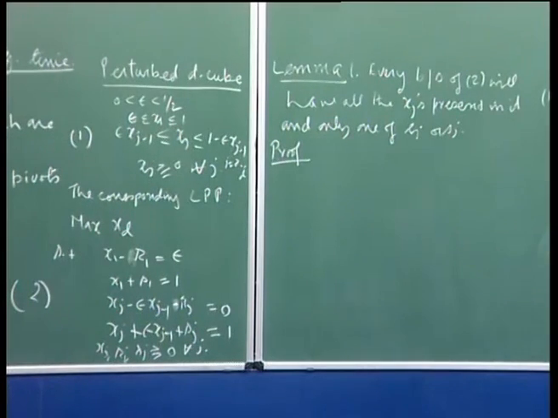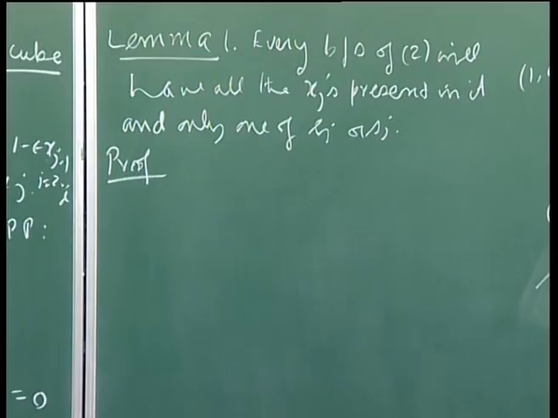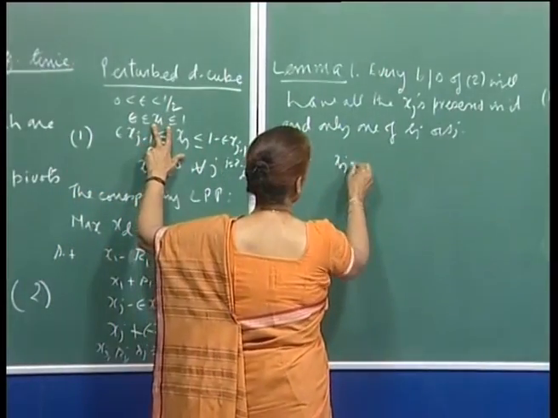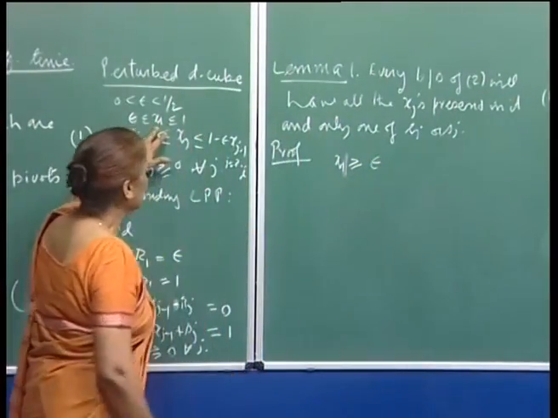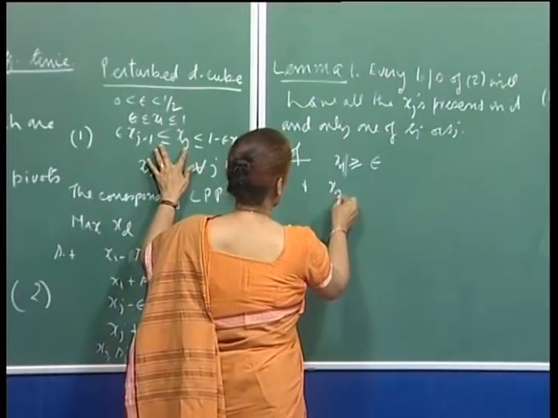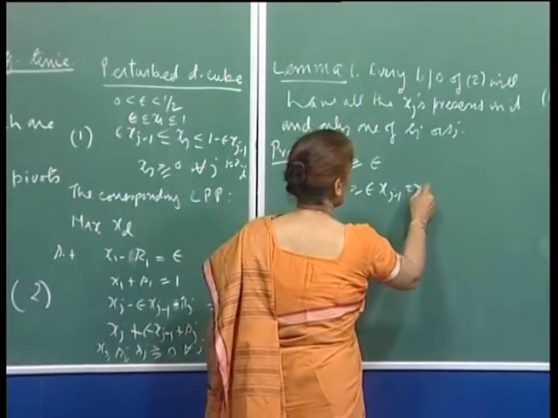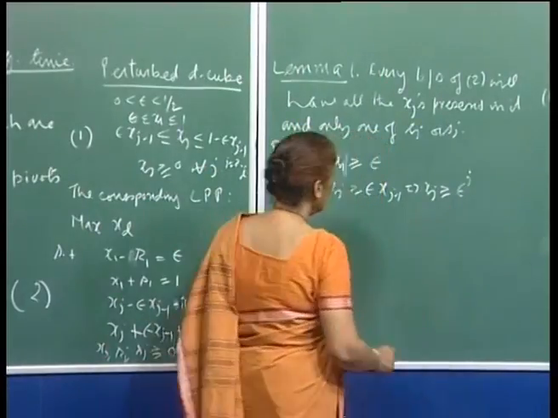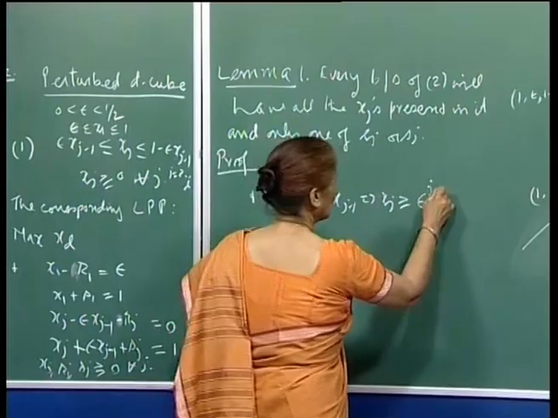Okay. So now let us see. From this constraint we have that x1 is greater than or equal to epsilon, and from this one xj is greater than or equal to epsilon xj minus 1, which implies that xj is greater than or equal to epsilon j, because I think it will be j minus 1.